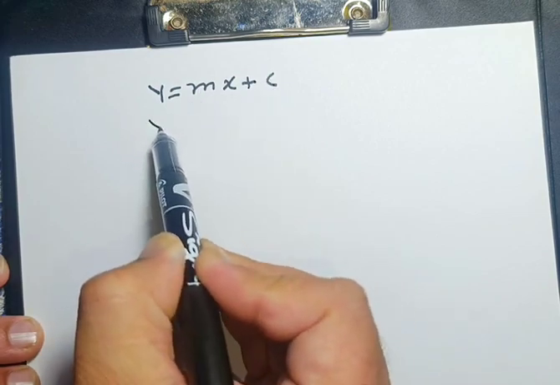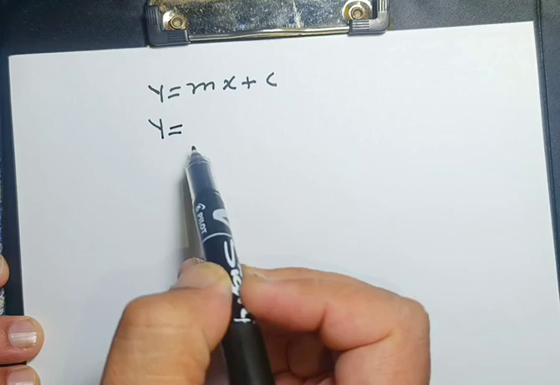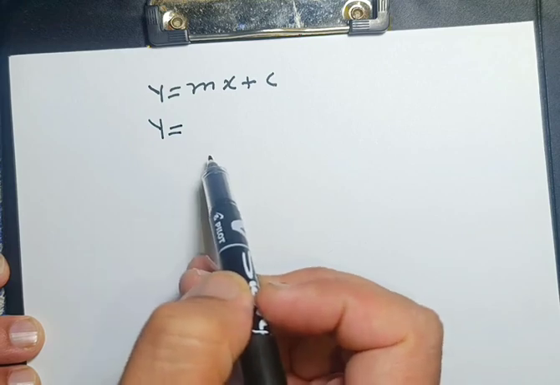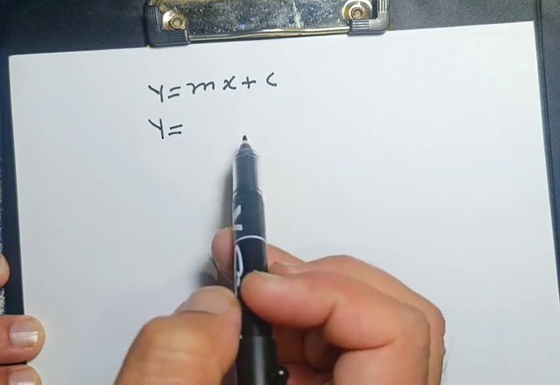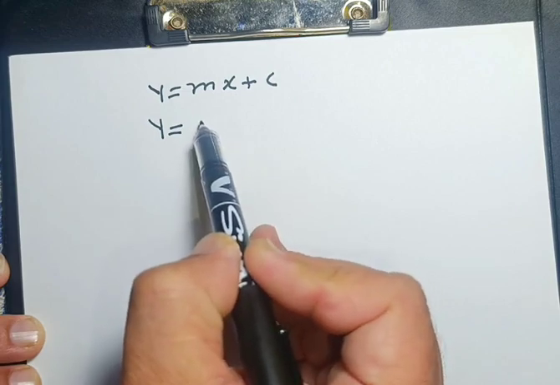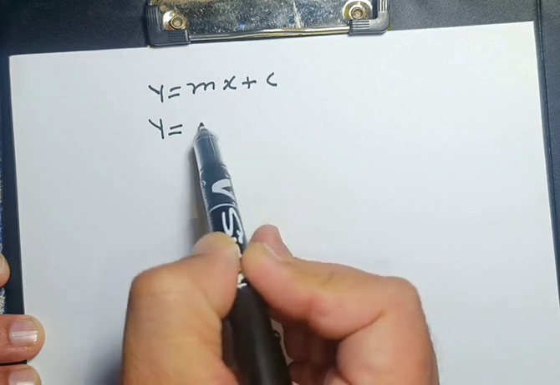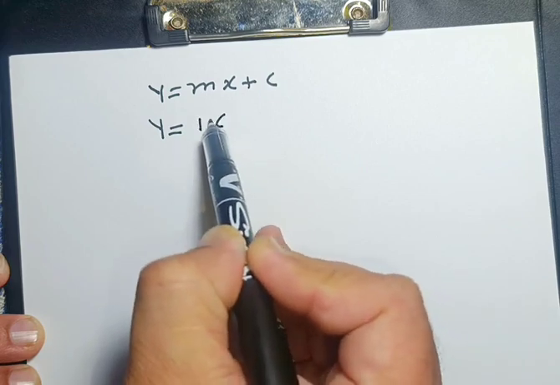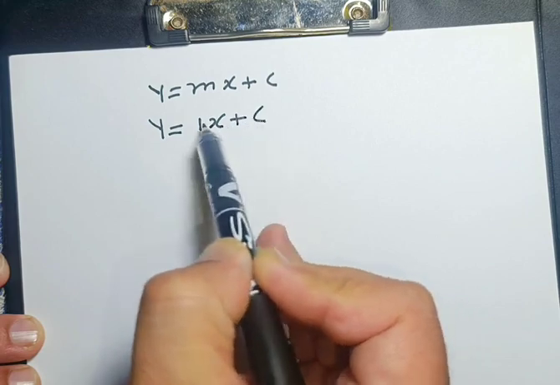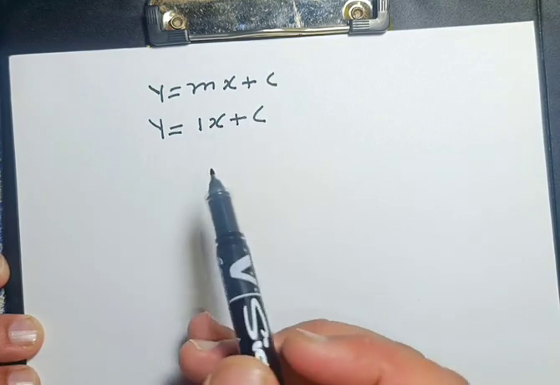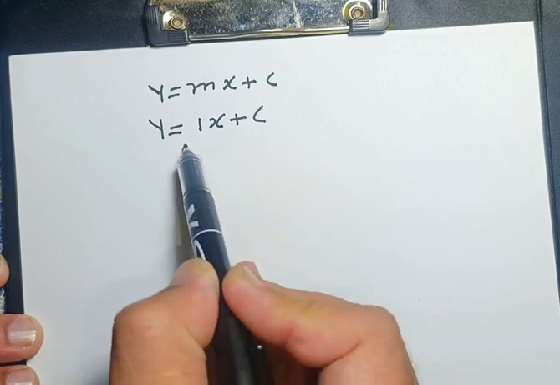The gradient I have, because this line is parallel to AD, so we're going to use the gradient of AD, which is 1. A gradient of 1 we don't write, so we can say x plus c.